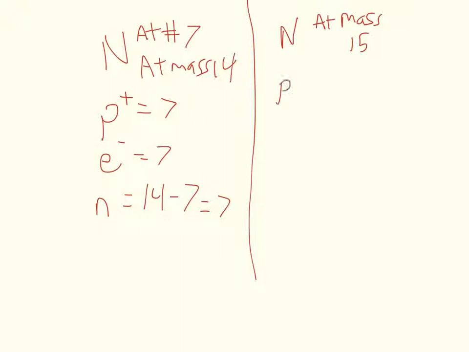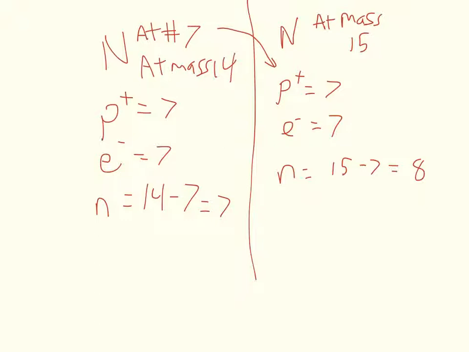Well, the number of protons is still 7 because the atomic number didn't change. We're still dealing with nitrogen. Number of electrons, it's still neutral, so that would still be 7. But my neutrons are now going to be 15 minus 7, not 14 minus 7, and that's going to give us 8 neutrons. And so when you have isotopes, that's what's going on. You have different numbers of neutrons than what's expected.